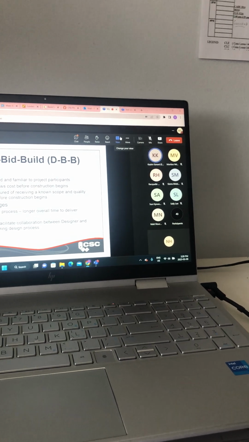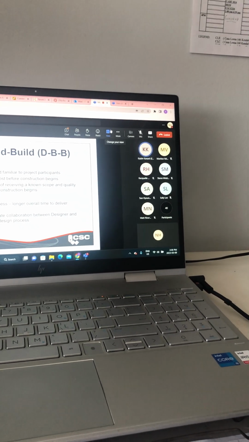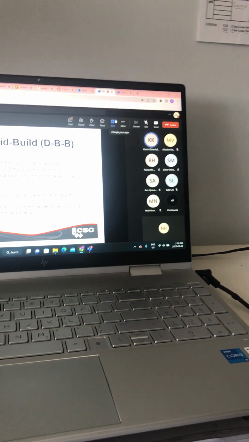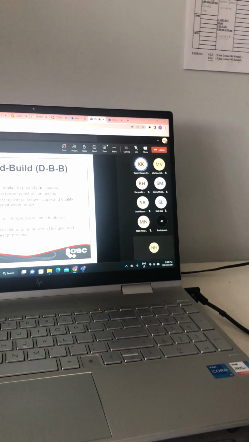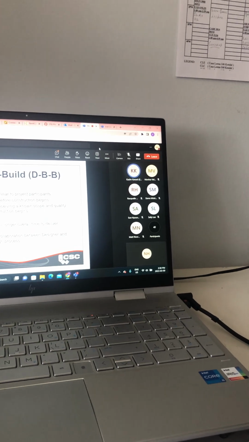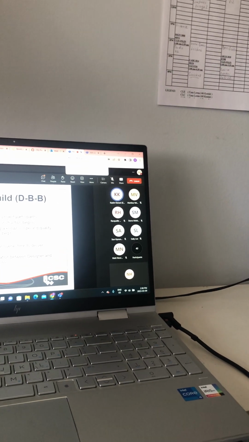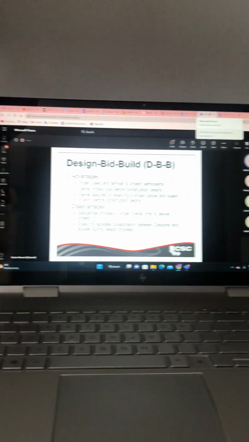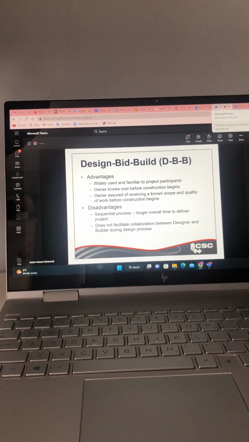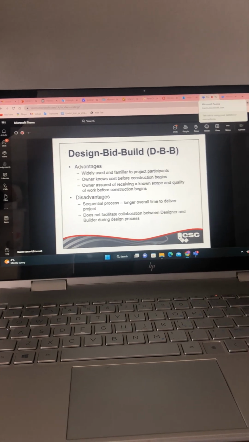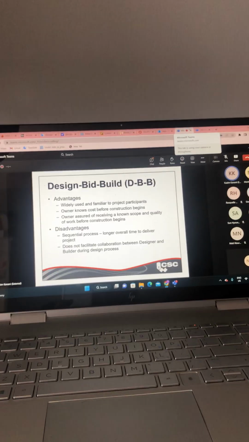The constructor is only brought onto the project towards the end to actually build the project. But they're not brought on early enough for them to provide any input or guidance with respect to pricing, constructability, durability, or even sustainability.